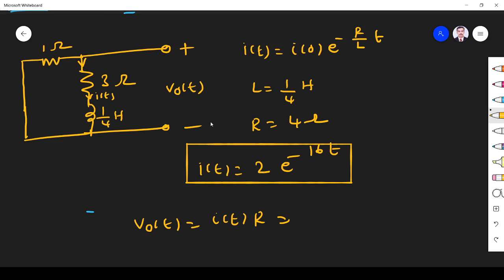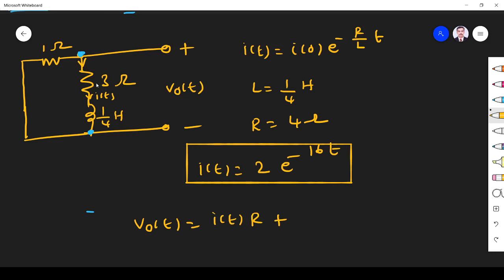Vo of t is the same as the voltage drop across this. So I write Vo of t is equal to the current through this, i of t into R.